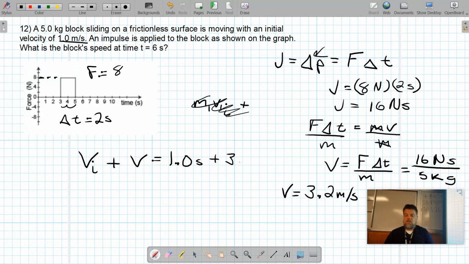So it's going to increase by 3.2 meters per second. So what's our final velocity? 4.2, yeah, I wrote down the wrong thing. 4.2 meters per second.